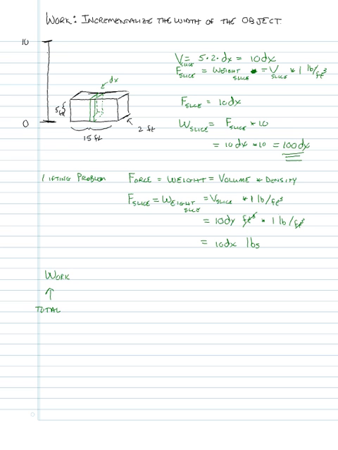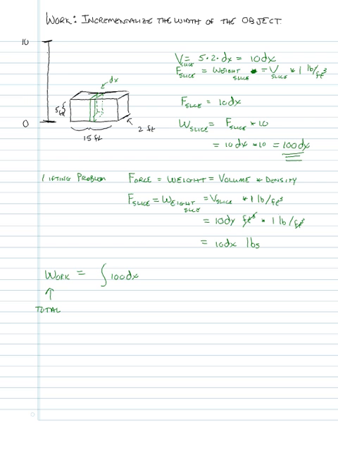But what we're going to do is add up all of the amount of work that it requires to lift each of the infinite number of pieces added together. So that's an integration. So we're going to integrate each of these works, adding up the work of all of the possible works that are involved.